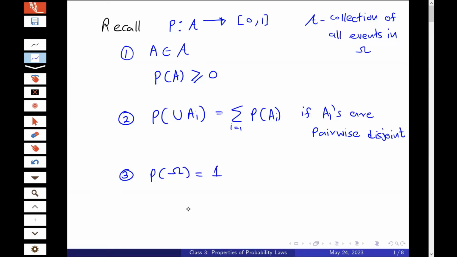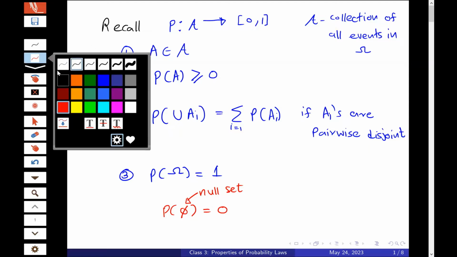So these are the main three rules we learned in the last class, and using these three rules we proved the probability of the null set, the empty set, is, oops, I'm sorry, the probability of the null set is 0.